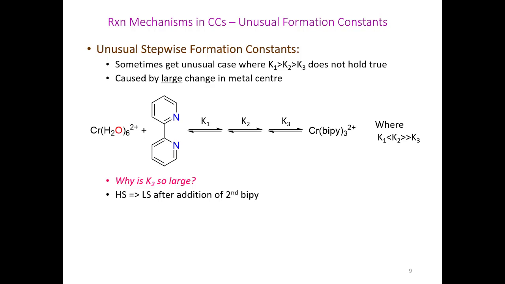The complex is going from high spin to low spin after the addition of the second bipyridine. And that's reflected in the second stepwise formation constant being larger than the first one. So the d electron count for chromium(II) is d4. But in the high spin state, the frontier orbitals will look like this.